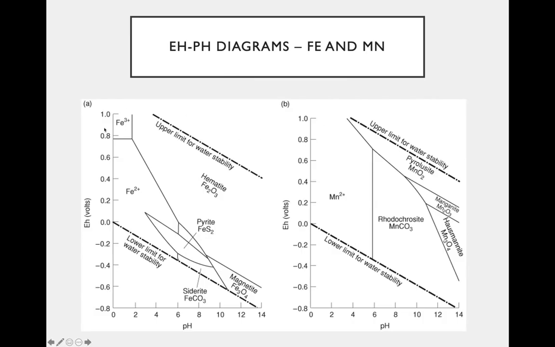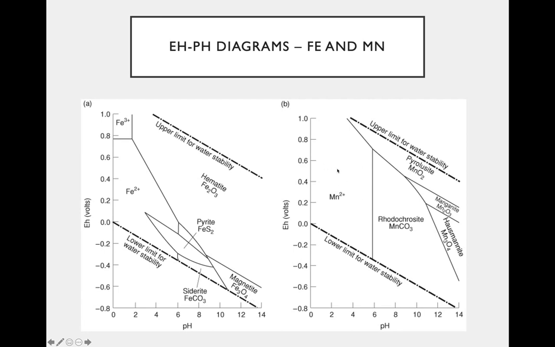So here's a simple diagram where we have pH again versus oxidation potential. For iron, here's 2+ to 3+. If we increase pH, we can also form hematite here, and at very reduced systems, we can have magnetite. So if we oxidize, we can get hematite.